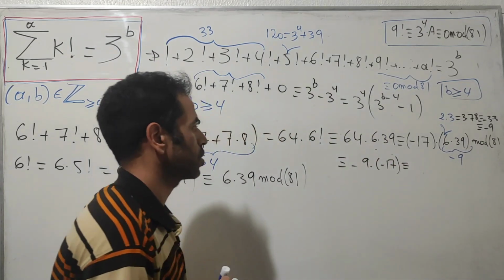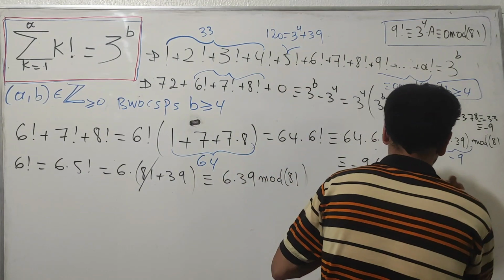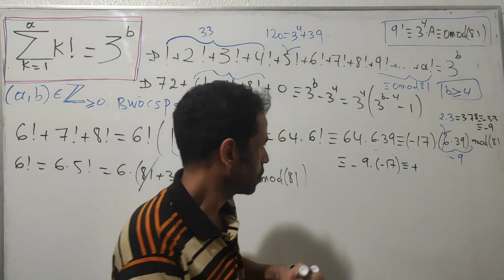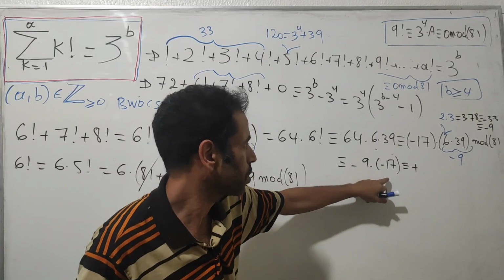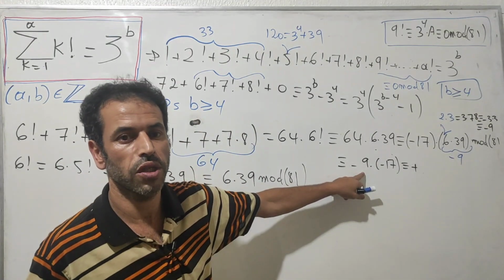Now let's calculate that. I get plus here: 17 multiplied by 9. I get 90 plus 63, which is 153.